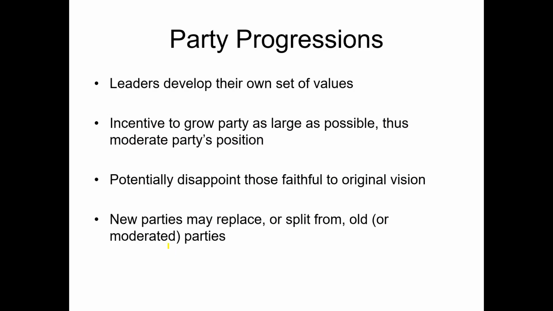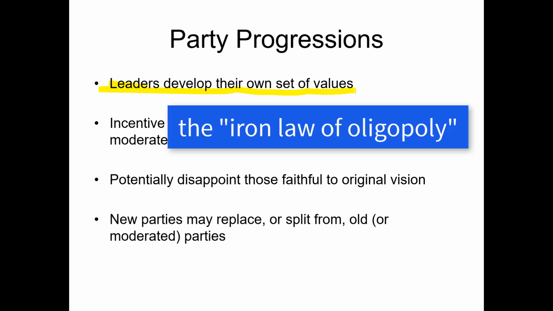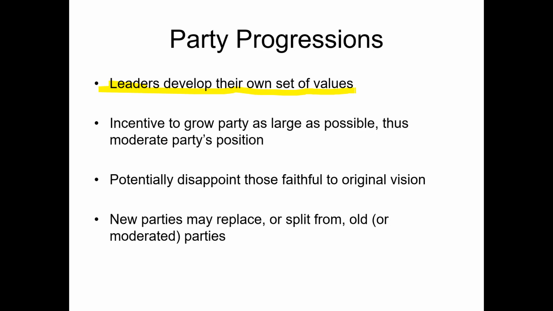Now, as far as how the party progresses, the leaders typically develop their own set of values. That's one of the reasons parties change over time. Human nature has a tendency to be more oligopolistic, so the leaders are going to start to call their own shots, and the followers, those who bought into the party platform, may be left behind.